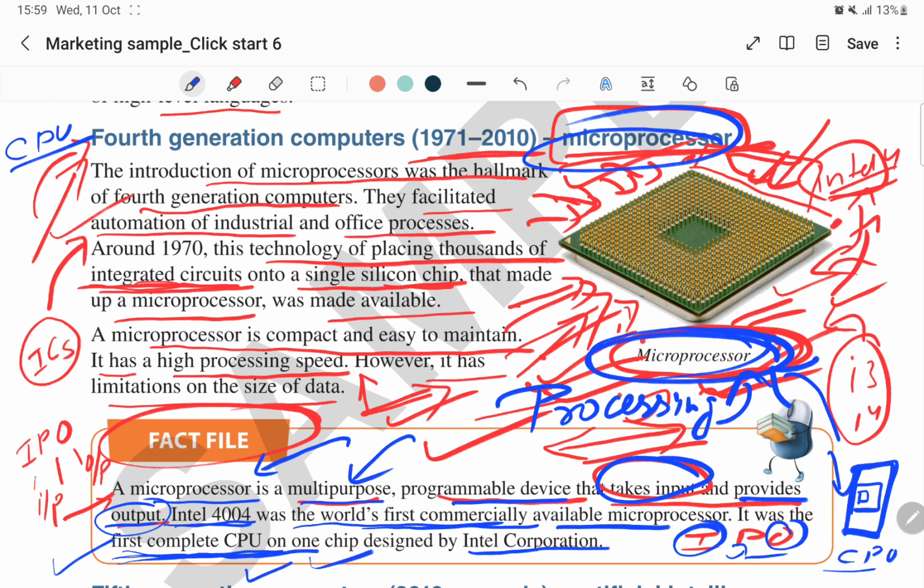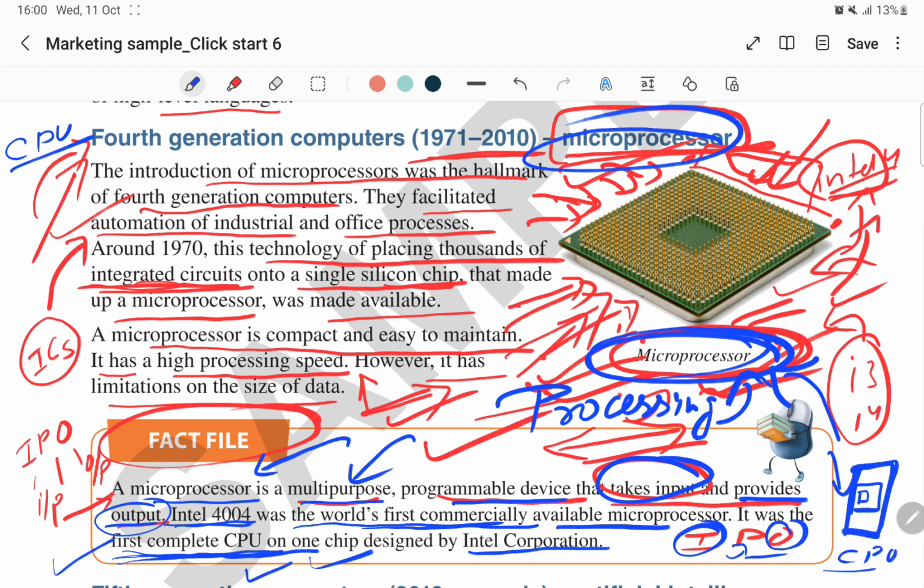Because the CPU is the main square board with so many things: a fan, the motherboard, circuits, ports, wires. But the main CPU is the microprocessor only. So the microprocessor acts as the main CPU.